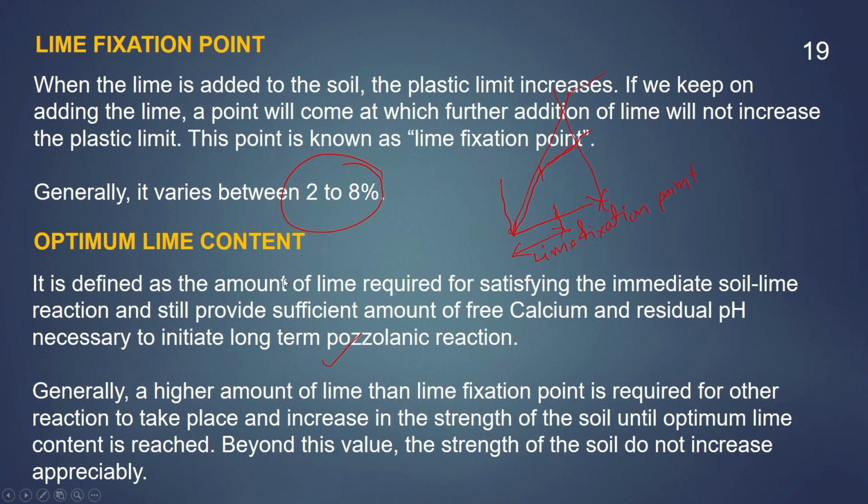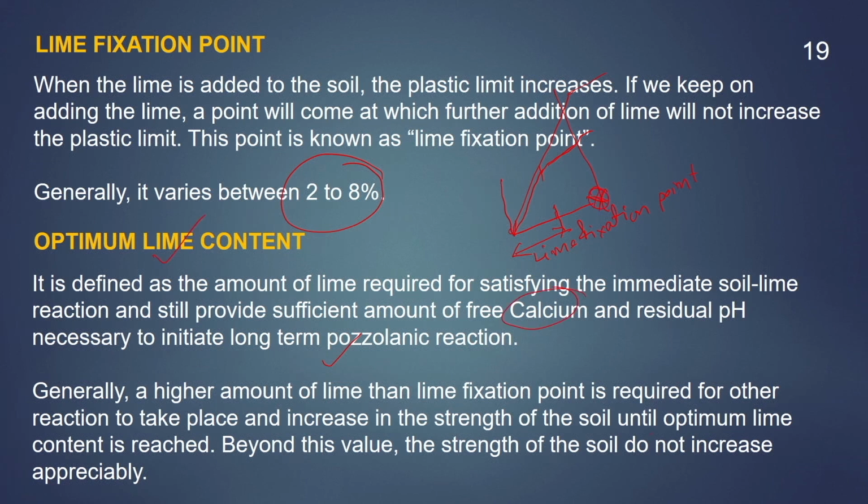Therefore, the optimum lime content is defined as the amount of lime required for satisfying the immediate soil lime reaction and still providing a sufficient amount of free calcium and residual pH necessary to initiate the long term pozzolanic reaction.